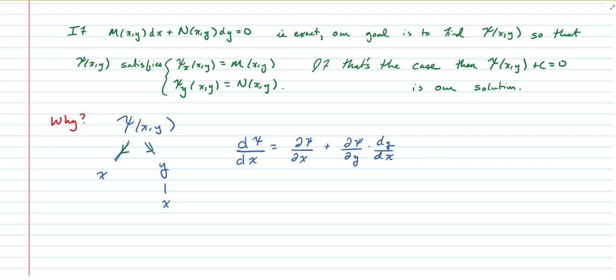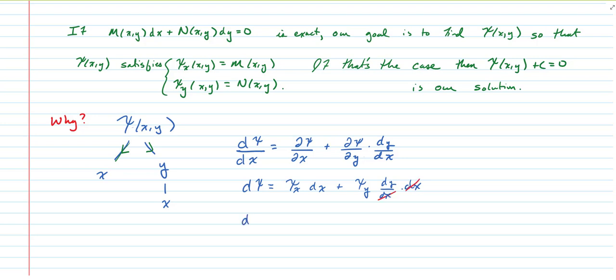The next thing I'm going to do, and we've seen this a few times over our calculus careers, is multiply both sides of this expression by differential x. And so doing so gives me differential psi is equal to, and I'd like to rewrite this as, partial psi partial x, differential x, plus, and then here we'd have partial psi partial y for this expression here, dy dx times that differential x. And in one sense, we could think of those as canceling.